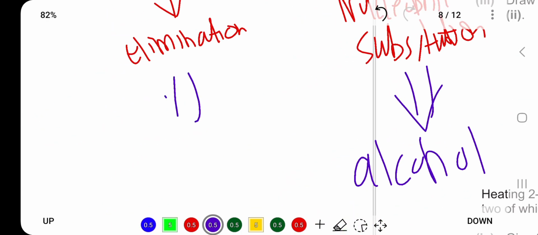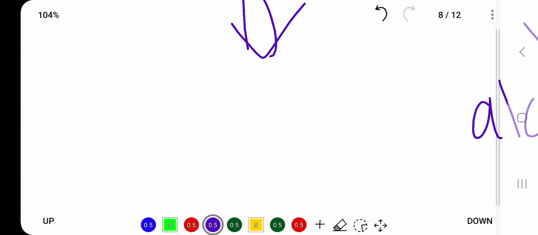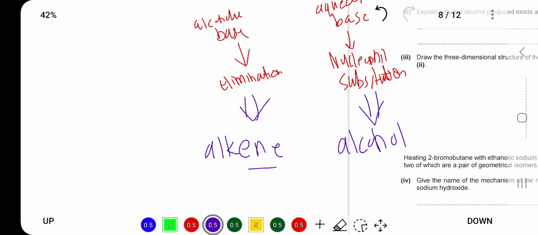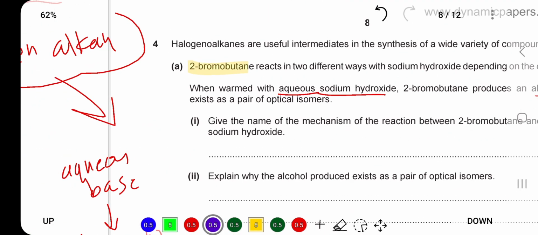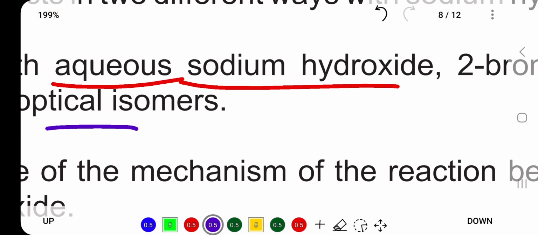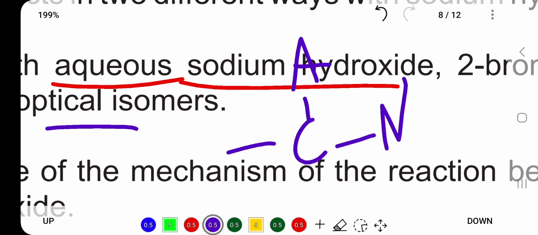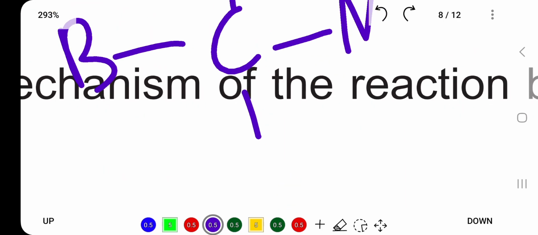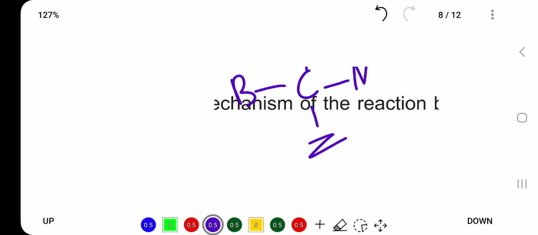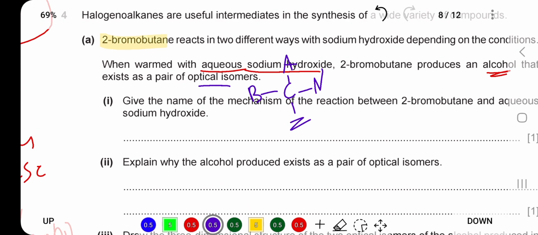The other gives you halogenoalkane into alkene. That exists as optical isomers. Optical isomers are basically a chiral carbon with different groups attached in each side. Sorry, I was so wrong. Alright.